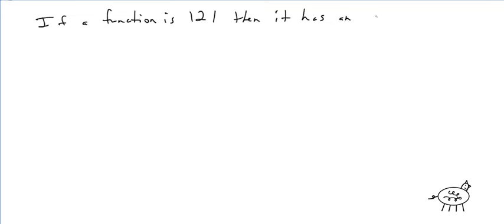All right. Basically, if a function is 1-to-1, then it has an inverse. Okay? If a function is 1-to-1, then it has an inverse.